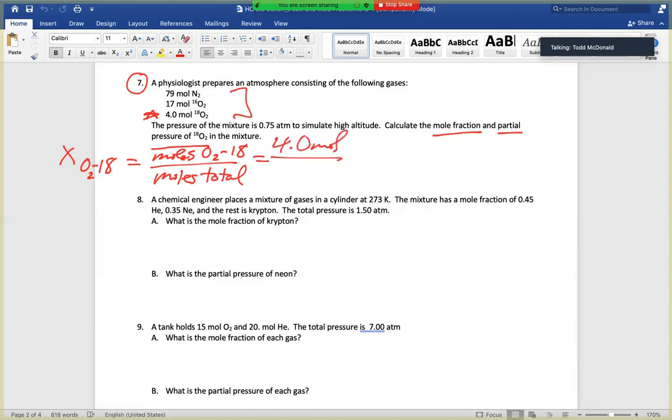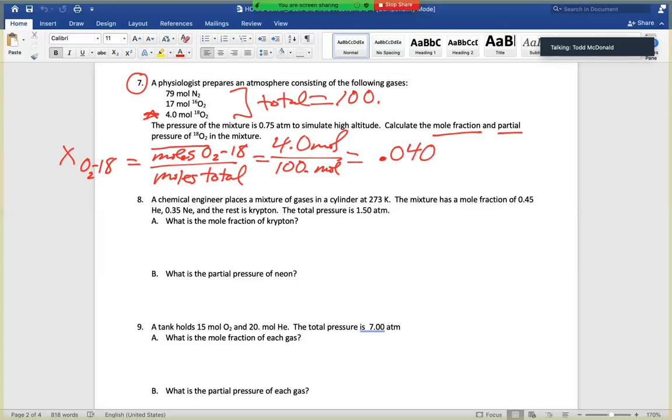When I add up these total moles, I get 100 moles. So I'm going to put it over 100 moles total. Then the math is pretty easy. I don't even need a calculator. I'm going to keep my 2 sig figs. 4 divided by 100 is 0.04. Keep my 2 sig figs. I get a mole fraction of 0.040.